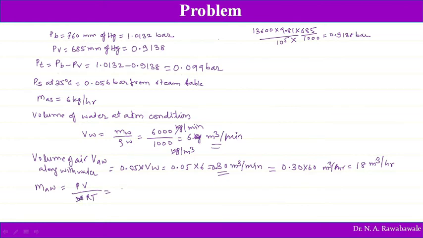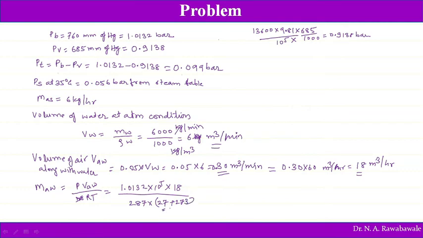P is the pressure of ambient air, that is 1.0132 into 10 to the power of 5, into the volume of air along with water, calculated just now as 18 meter cube per hour, divided by R, which is 287, into the temperature, 27 plus 273.